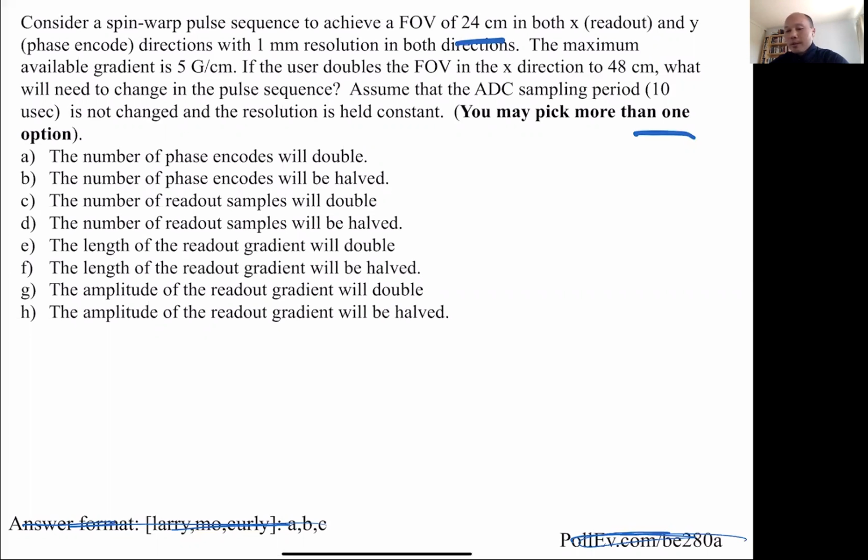Okay, so let's take a look at this together. I think there is some diversity of answers, so let's go through this question together. First thing is the user doubles the FOV in the X direction. Remember, by default the X direction is what we consider the readout direction, and Y is the phase encode direction.